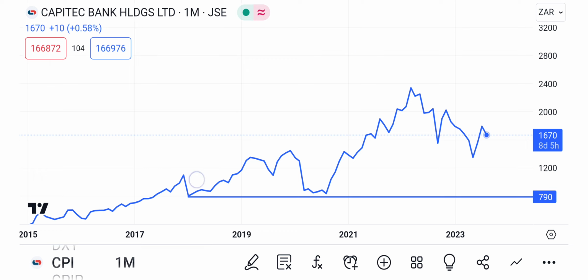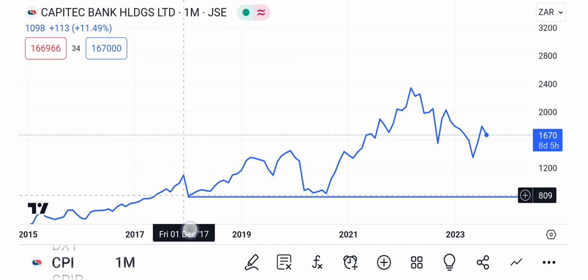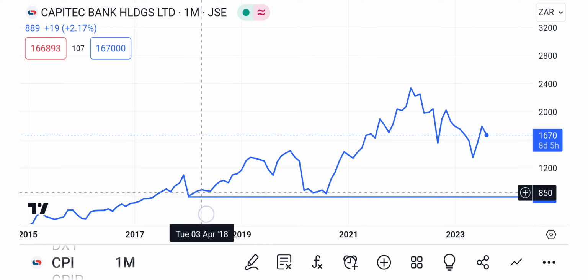What was the price when it reached this demand zone? It was 811 rand. So at 811 rand, the experienced investors started to buy their Capitec shares.